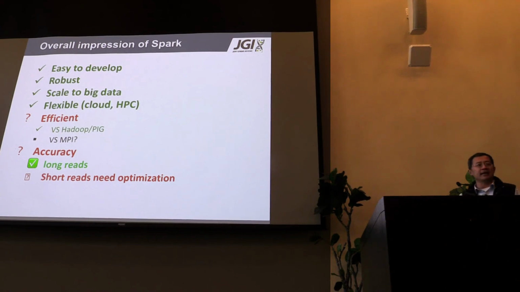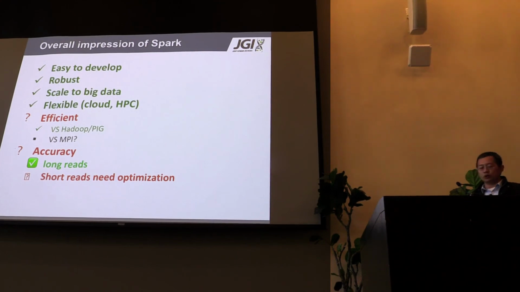For MPI, we don't have a comparable solution yet, but I hope it's not too much slower than the MPI solution. We got very good accuracy for those long reads, and we found that we need some optimization for the short reads.